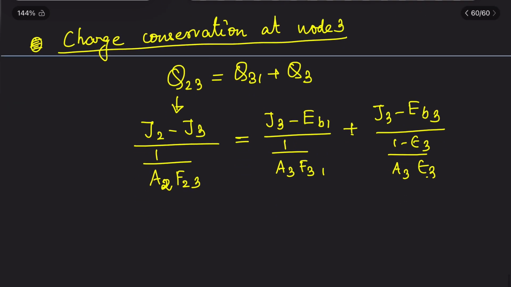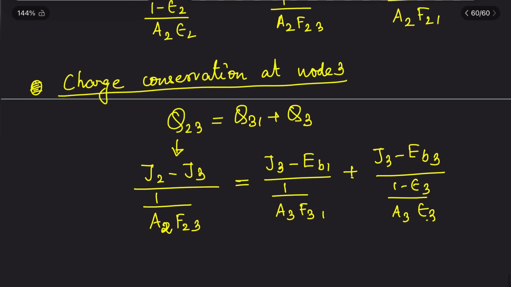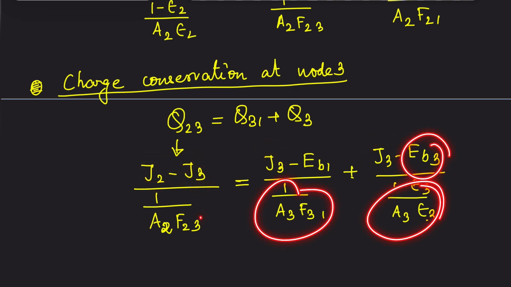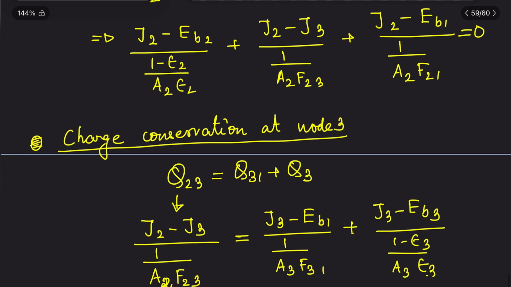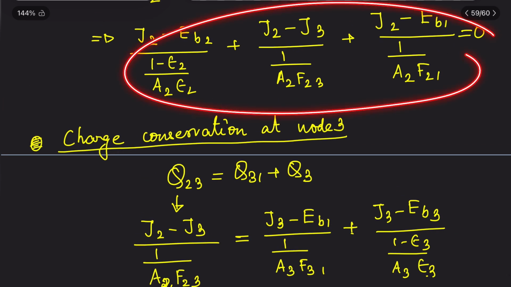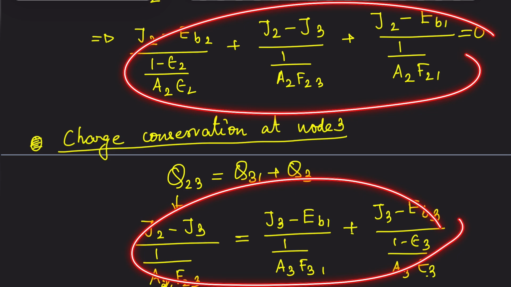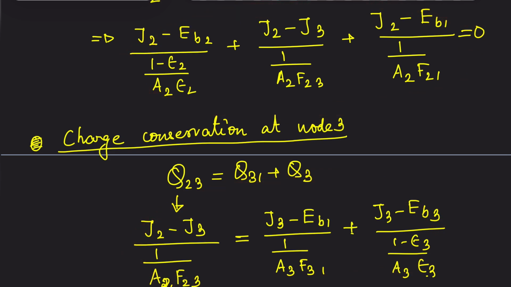Clear? Again you see I have this equation in terms of J2, J3, these are unknowns, this is known, this is also known, and this is unknown. So from these two equations, you can find J2 and J3 in terms of the known quantities and one unknown quantity, that is EB1, that I need to find.